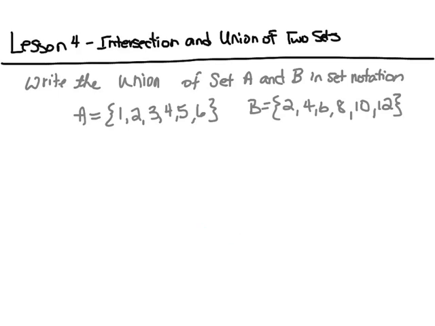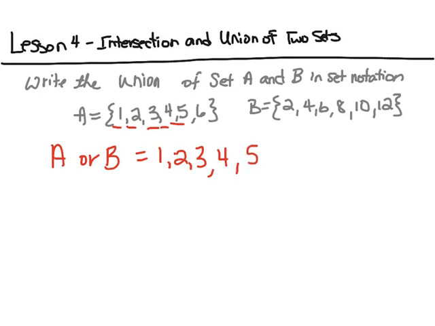So for this one, the numbers that are in A or B are 1, 2, 3, 4, 5, and 6. We also have 2, but we already have a 2. 4, we already have a 4. 6, we already have a 6. We also have 8, 10, and 12.